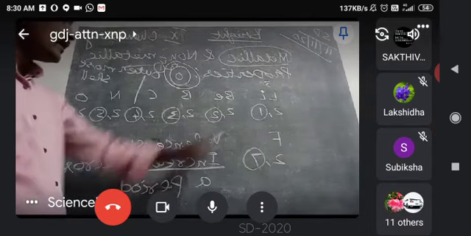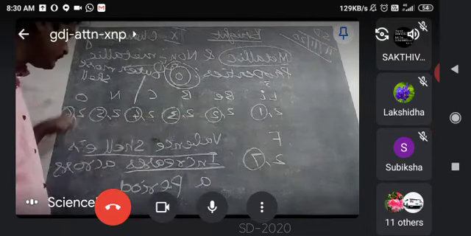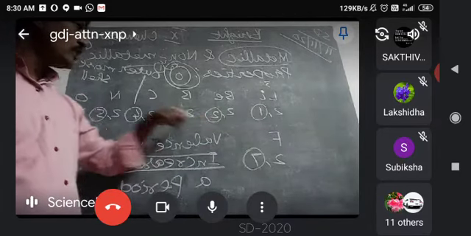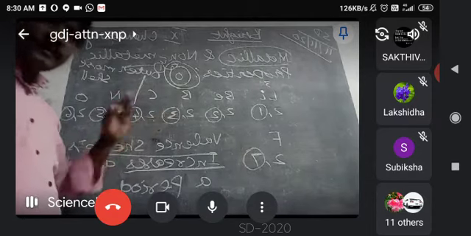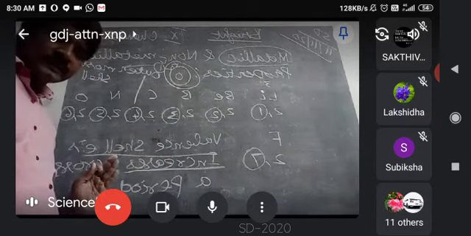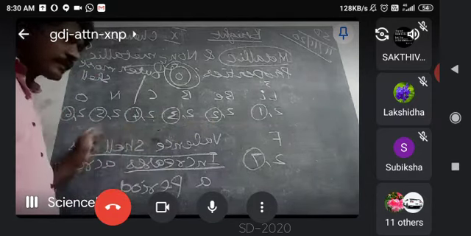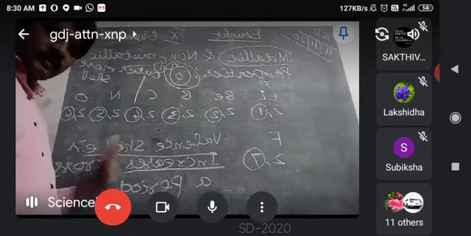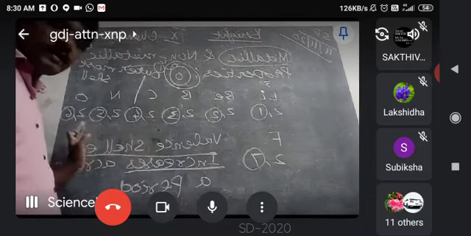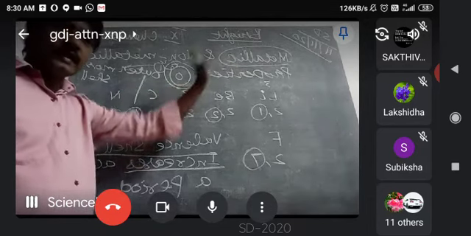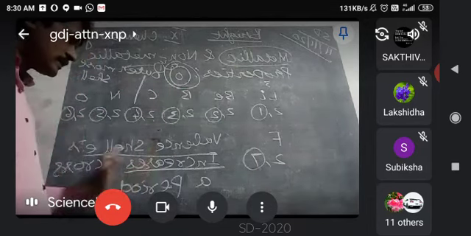Yes, donation of electrons will be more. See here, 1, 2, 3, 4. The tendency to lose electrons is the basic property of a metal, and here the valence shell electrons are increasing in order.